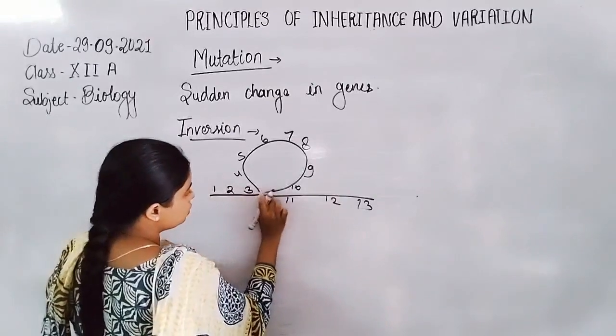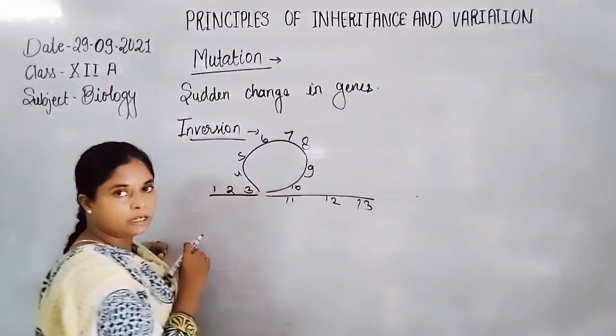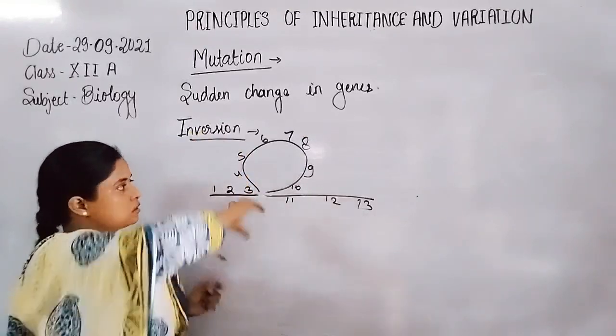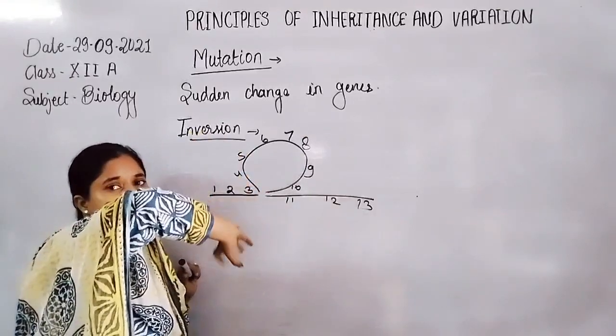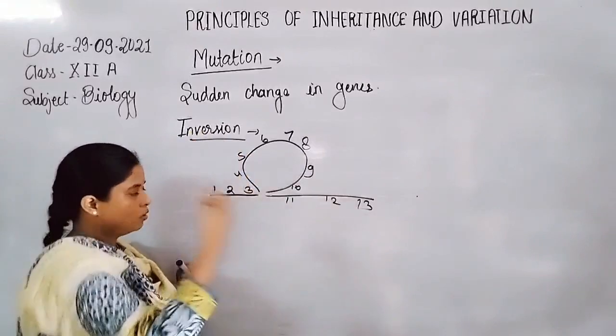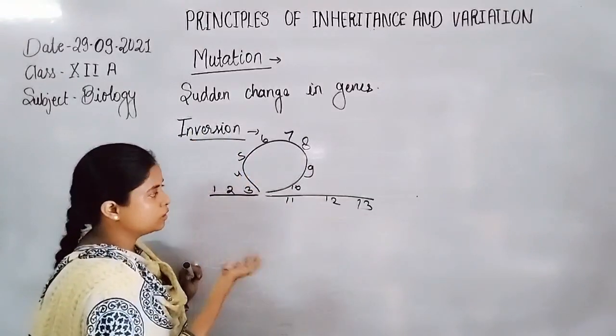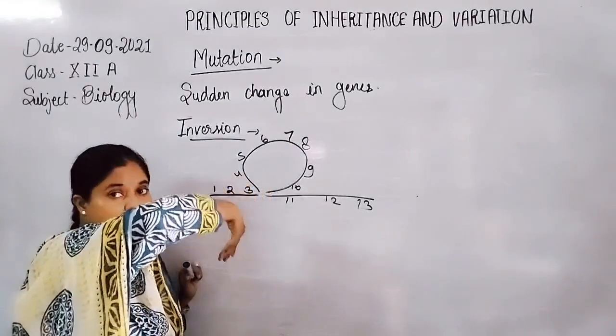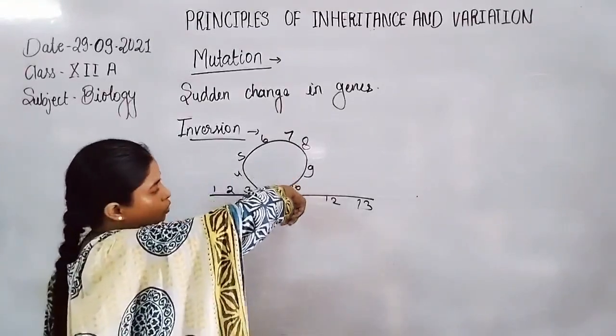Here is cutting of the DNA molecule. Then this sequence inverts. The sequence rotates either towards the left hand side or towards the right hand side. So overall there is a change, an inversion of the sequencing of DNA.